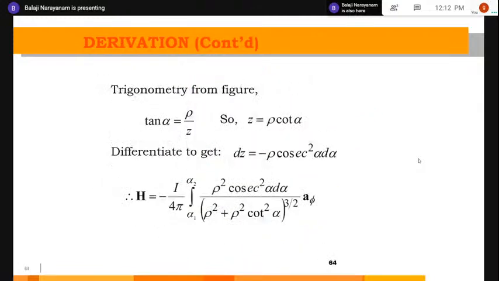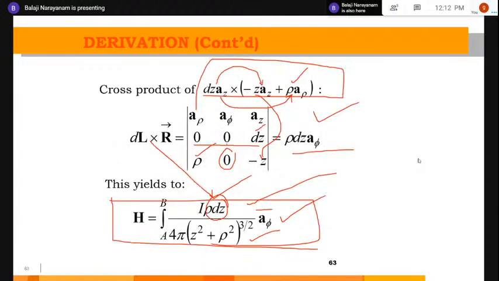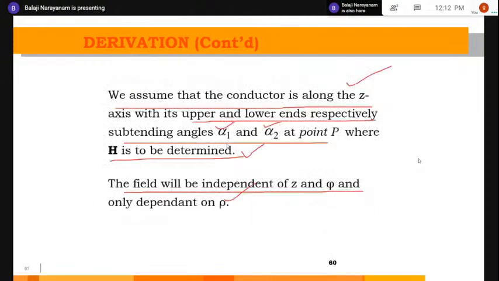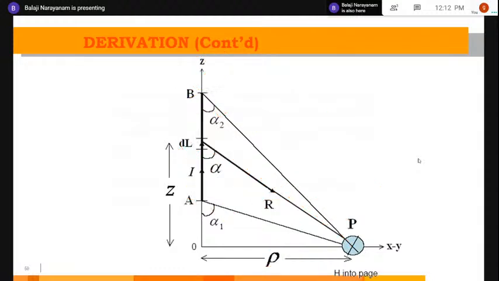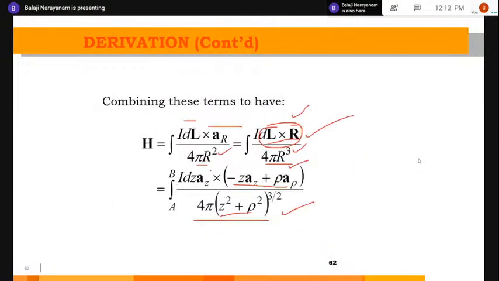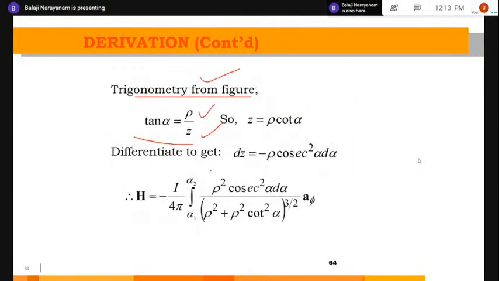And from trigonometry, you may find tan alpha is equal to rho by z. So go to the diagram and observe where alpha is. Alpha is the angle subtended by this differential length at the point P, and tan alpha is equal to opposite side by adjacent side, the opposite side being rho and the adjacent side being z.